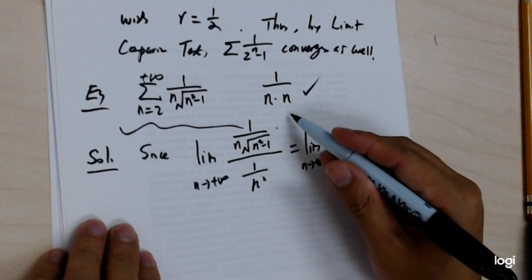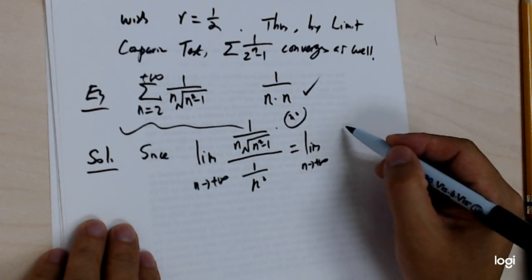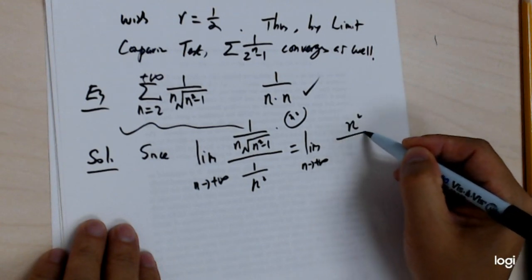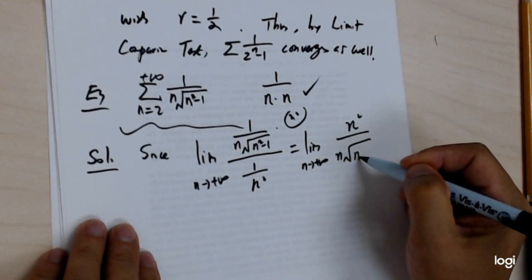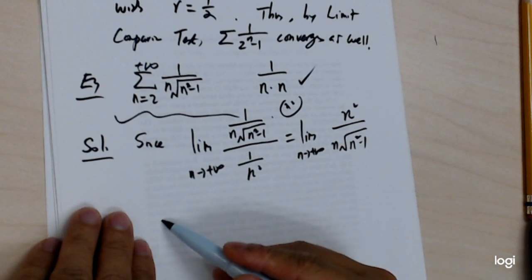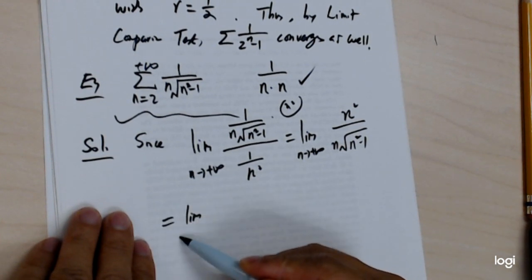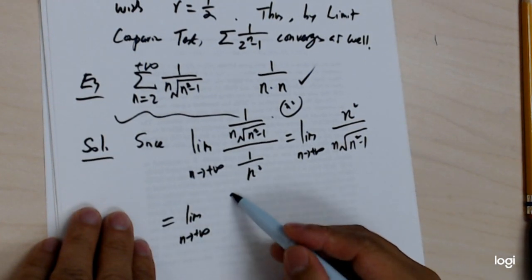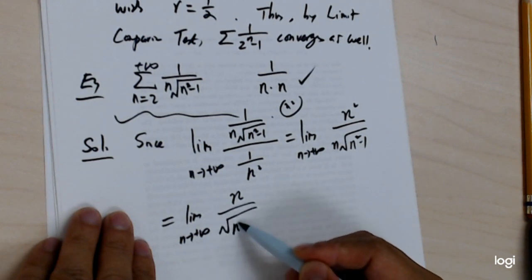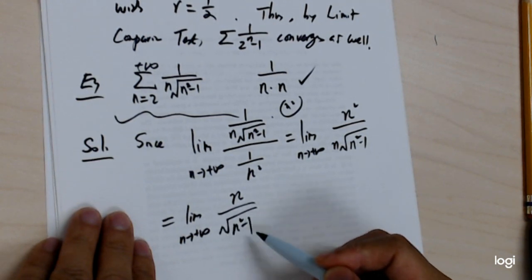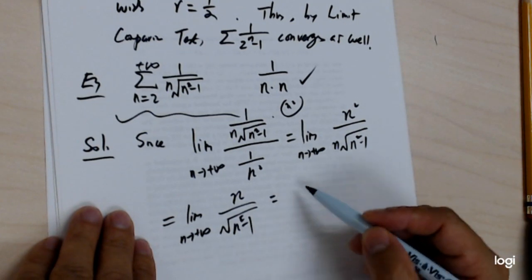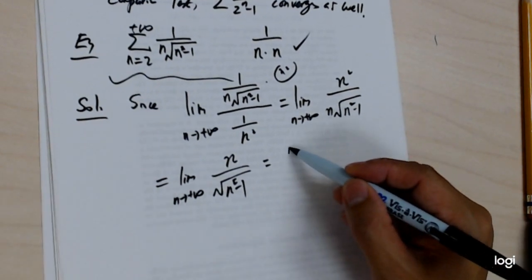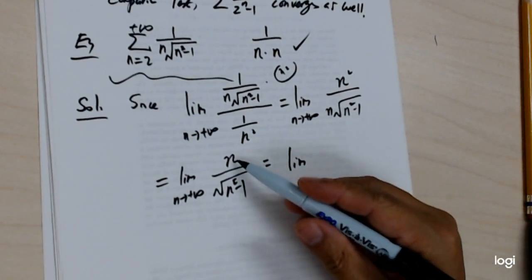This becomes multiplied with n squared. Okay, multiplied with n squared. So it's n squared minus 1. So now what I'm going to do next is divide the top and the bottom by n.